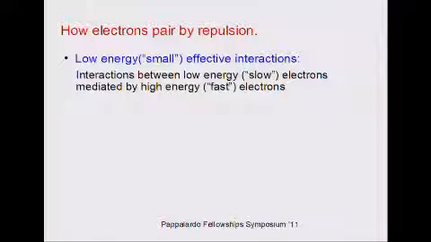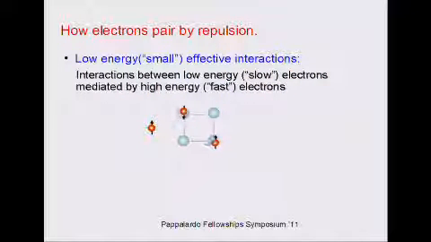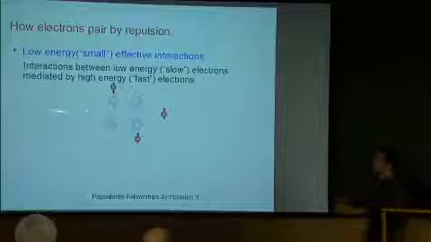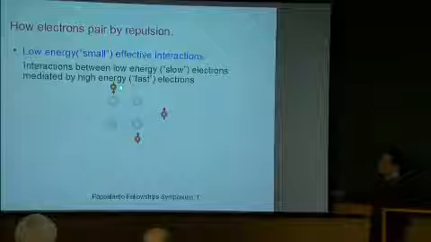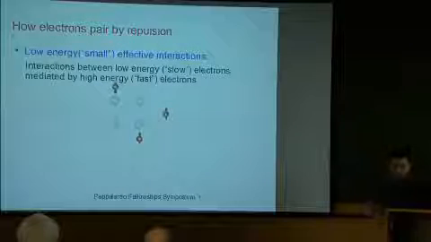So let me show you a very naive picture of how this happens. We have several electrons around. These two electrons move slowly. Another electron of higher energy moves fast. It scatters off those low-energy electrons, changes their directions, and this, in effect, mediates interaction between these two low-energy electrons. How do we characterize this?